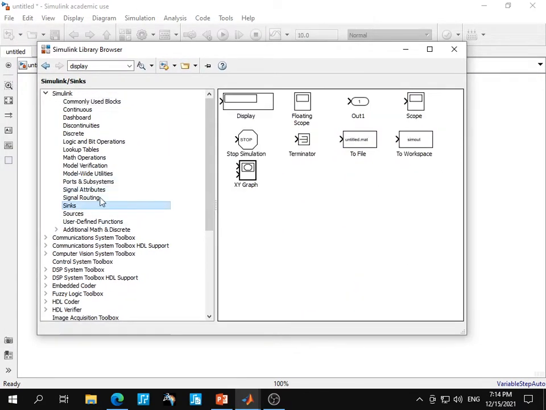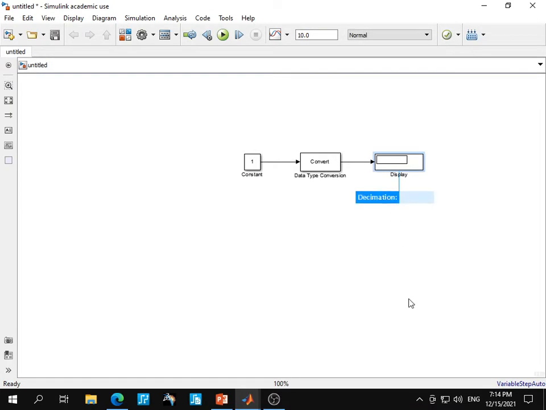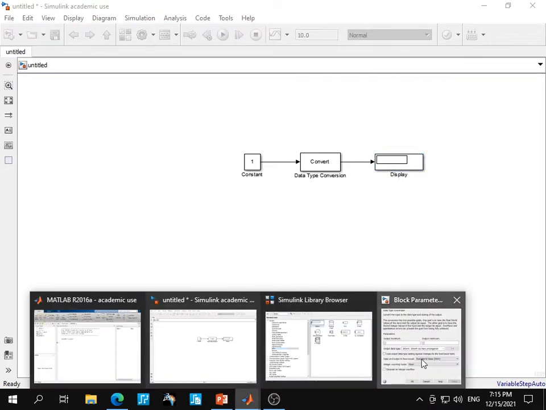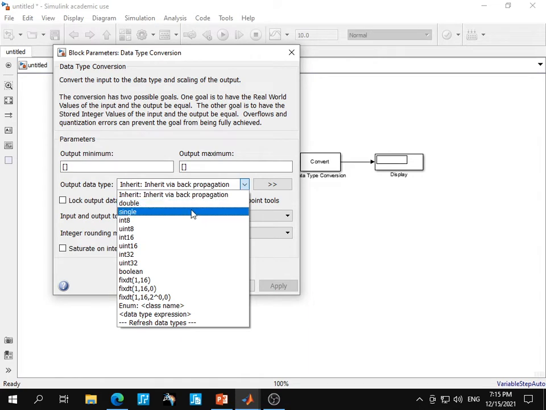Display. If you double click on the data type conversion, you can see you have a lot of different output data types that you can choose from.